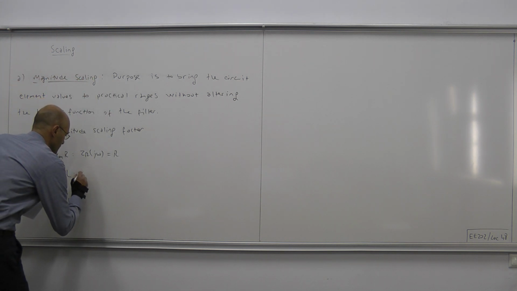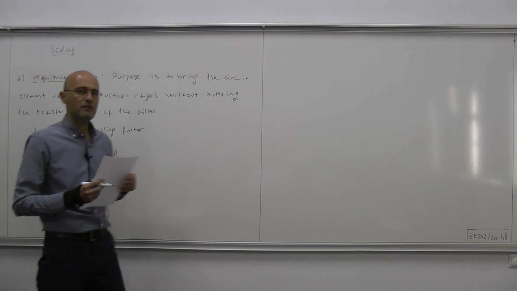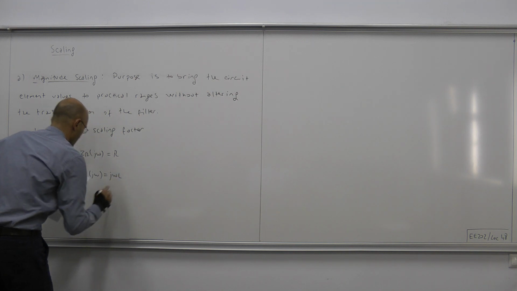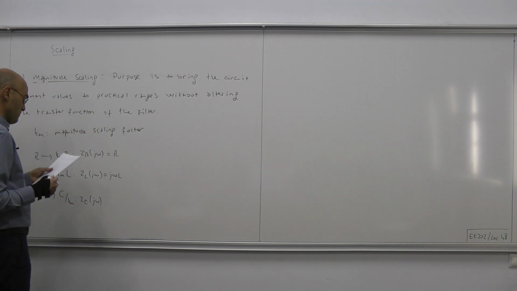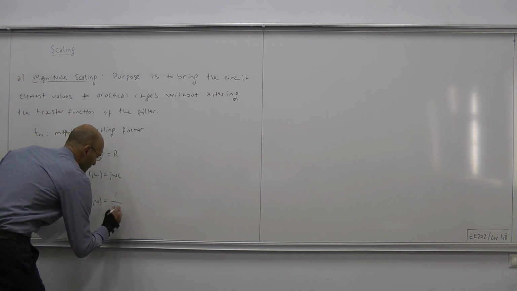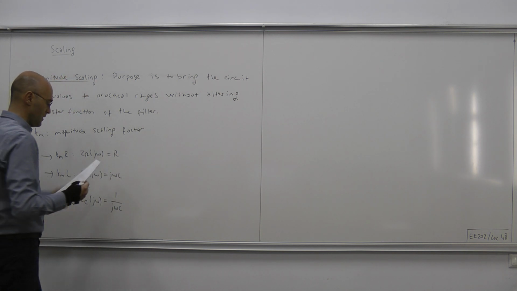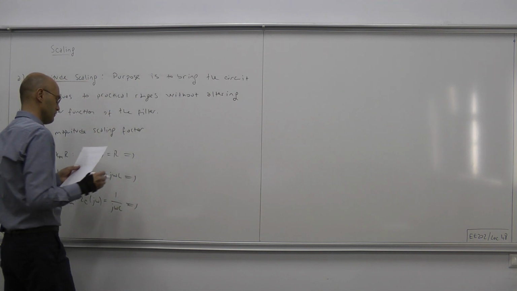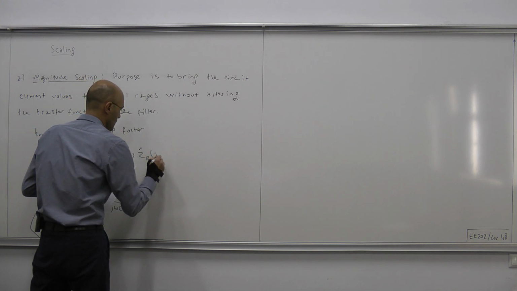As for the impedance of the inductors, what we have is jωL, and ZC(jω) is 1 over jωC. So these are the initial impedance values, and then after scaling, the new values become the following.